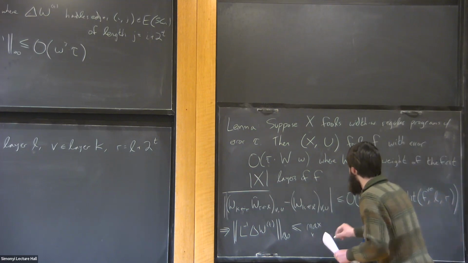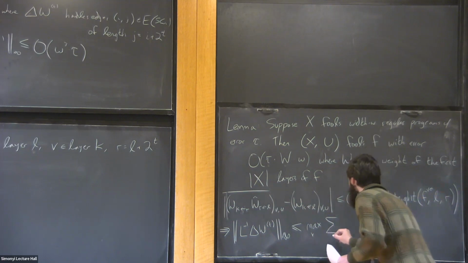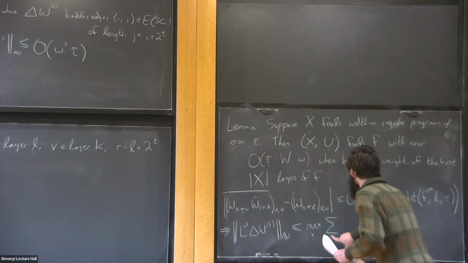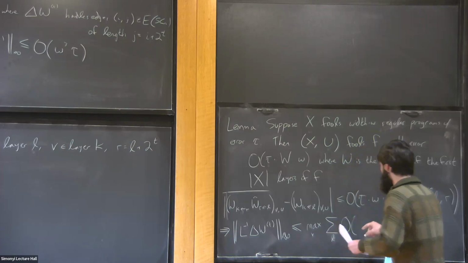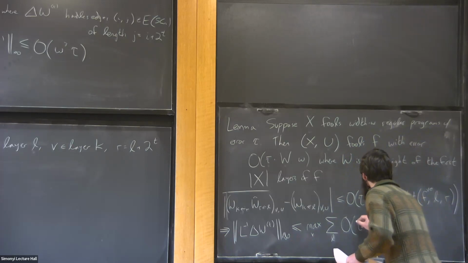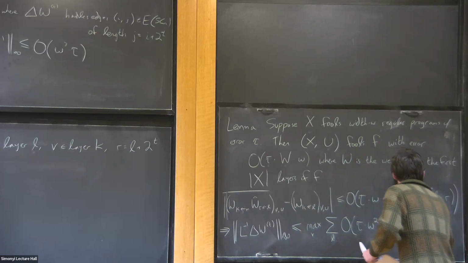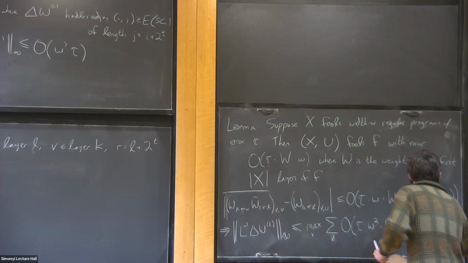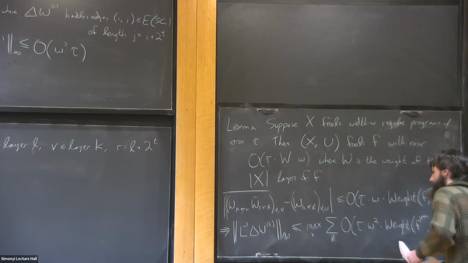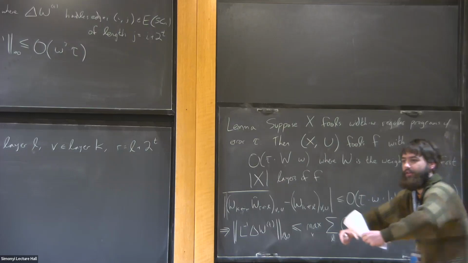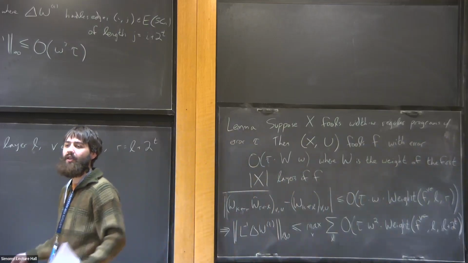So we have this worst case over a target vertex, and then we sum over all starting vertices. Effectively, we're summing over all L. And there's another factor of W because we're considering all vertices in that layer L, so it's tau times W squared. Now we're summing the weights of all the different portions of this branching program, which means we're getting the total weight of the branching program as a whole.